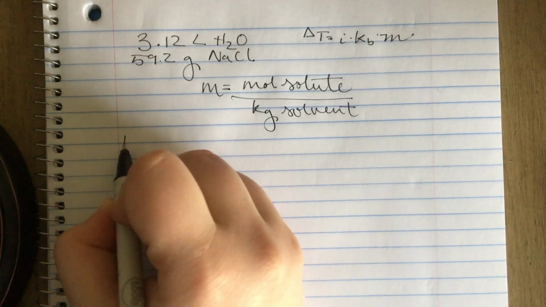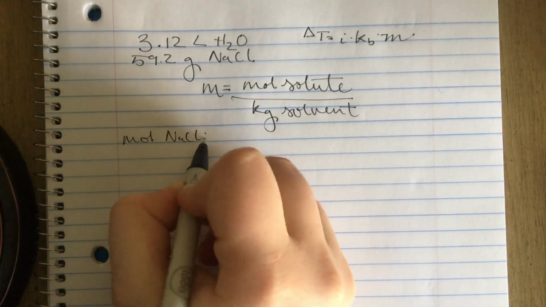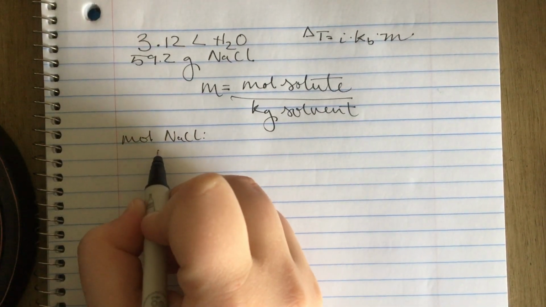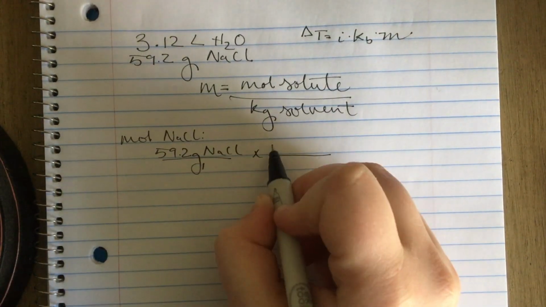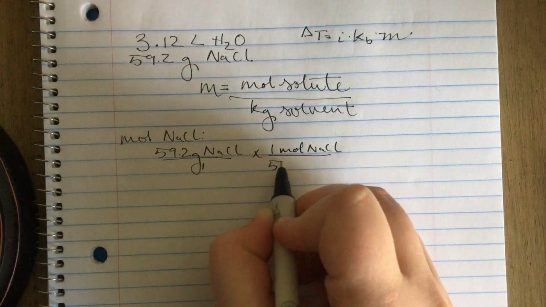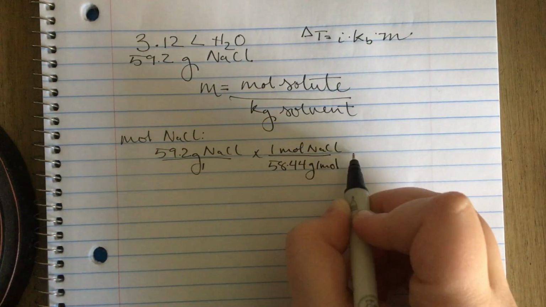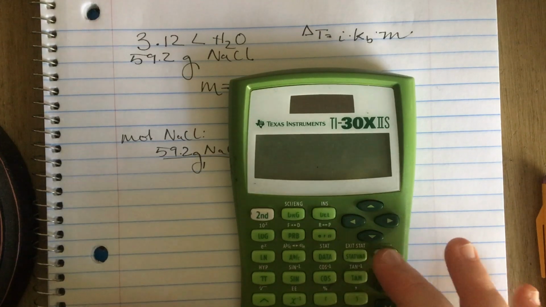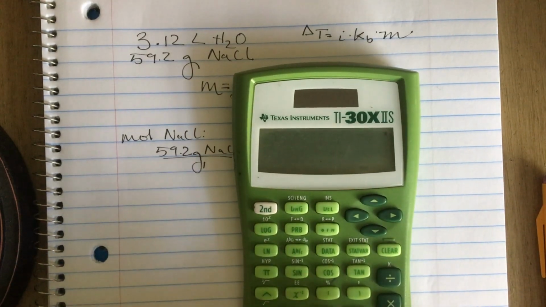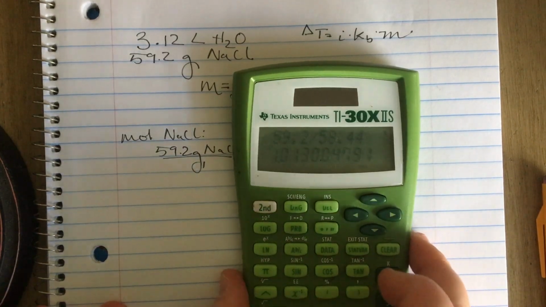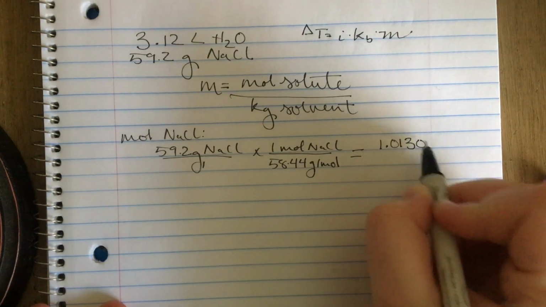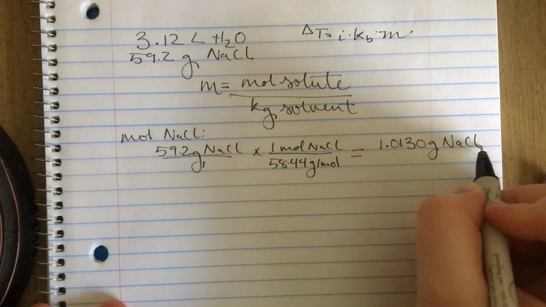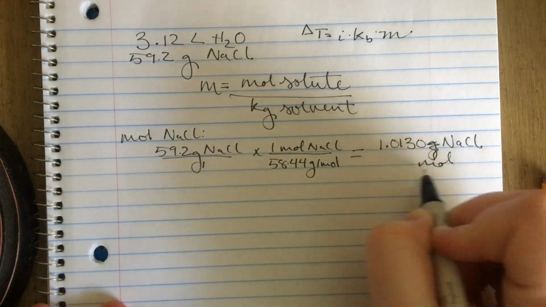To find the moles of sodium chloride, I'm going to set up the conversion and divide the grams of sodium chloride by the molar mass of sodium chloride to get moles of sodium chloride. And there I accidentally wrote grams, but it's moles of sodium chloride.